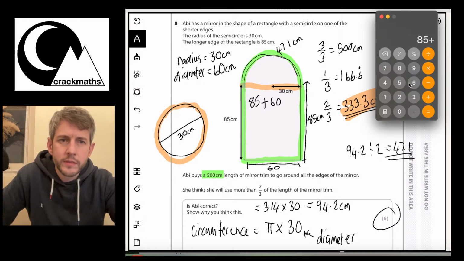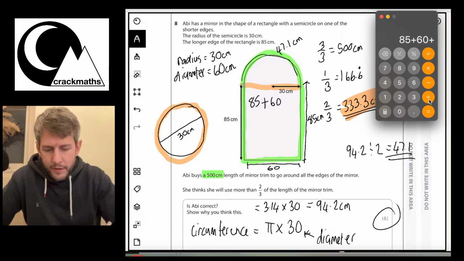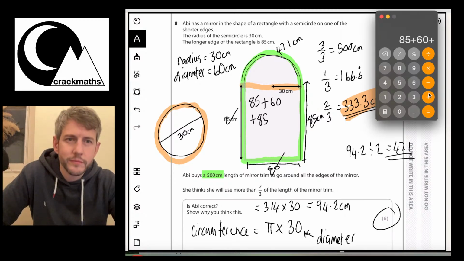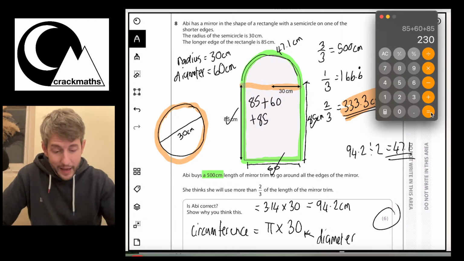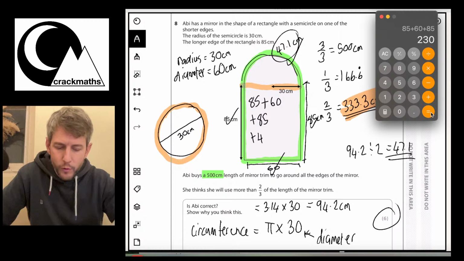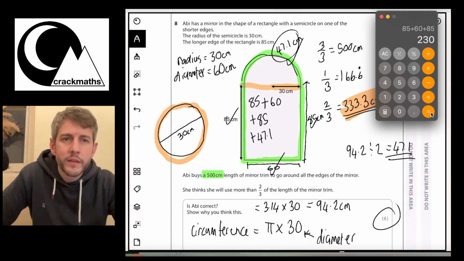Okay, so we've done this one, we've done this one. I'm going to add another 85, so that's this one here. And then I've got to add this 47.1 on as well.